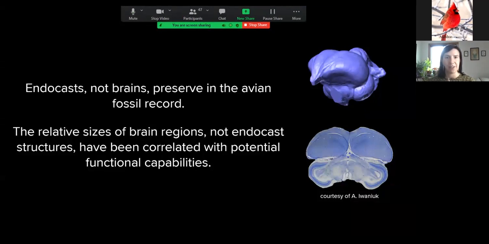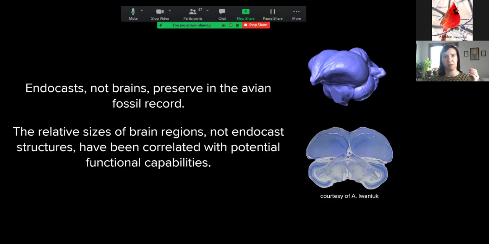So I'm going to dig into some of my data now after that intro, but to kind of reorient us, the endocast, which is shown on the top here, and not the brain, which is shown in cross-section on the bottom, is preserved in the avian fossil record. But it's the relative sizes of brain regions and not endocast structures that have been correlated with potential functional capabilities.